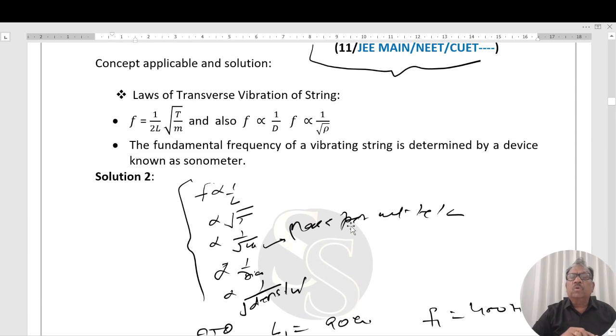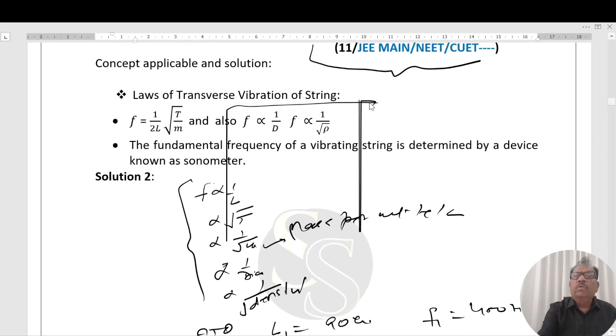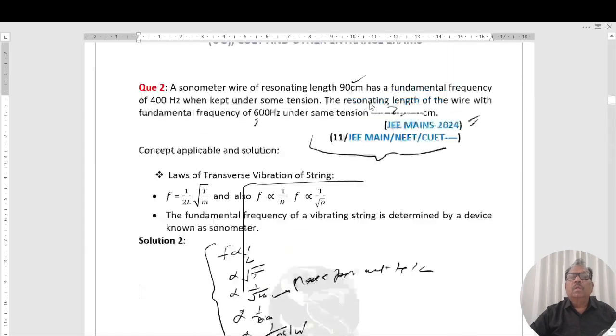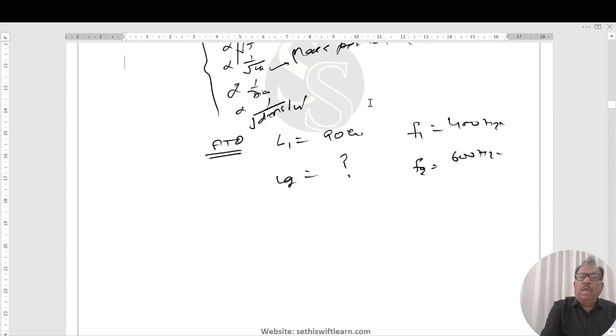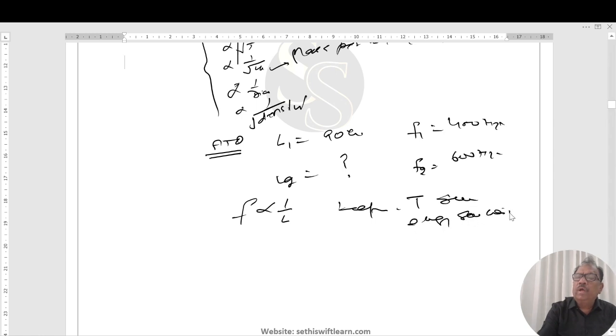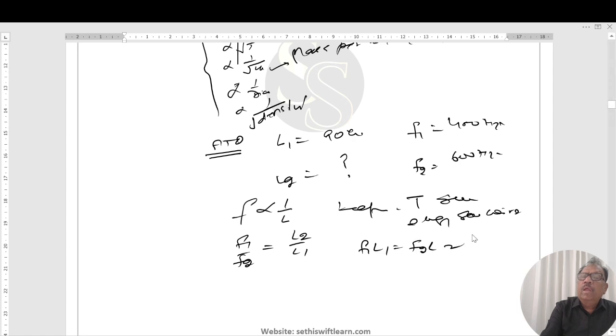Now, from this equation, F is inversely proportional to L, keeping T the same and using the same wire. Then F1 over F2 is equal to L2 over L1, that is F1 L1 equal to F2 L2.